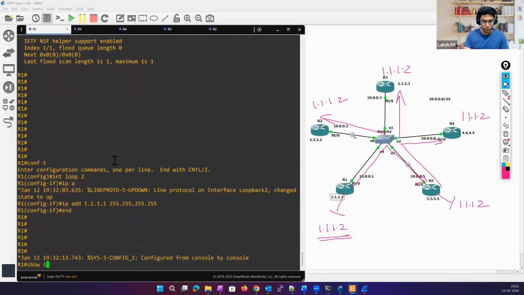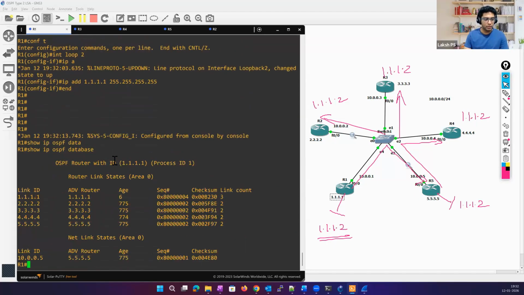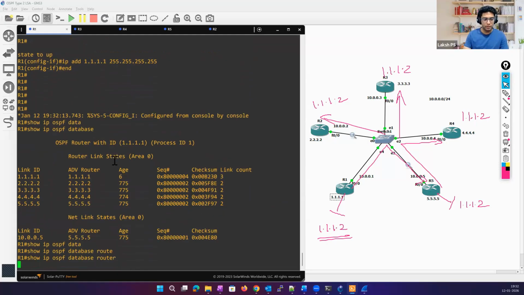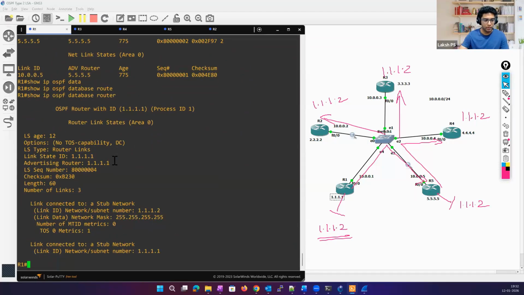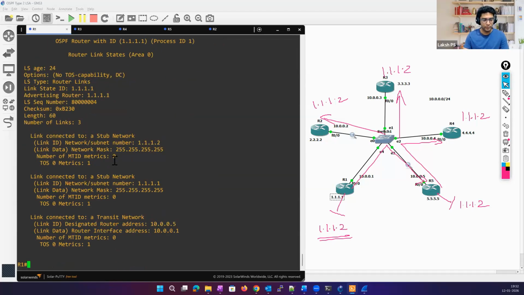Now on R1, show ip ospf database, and show ip ospf database router. Over here you can see that R1 says it is connected to three links. One is loopback 1, the other is loopback 2, and then it is connected to a broadcast network.